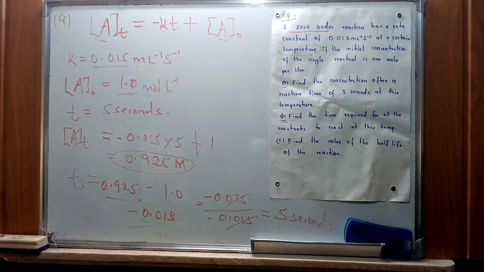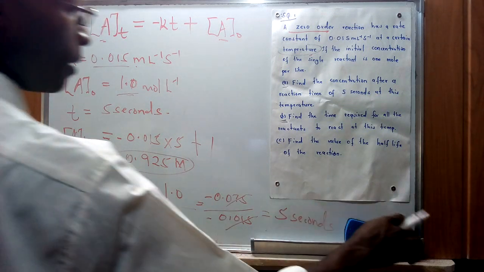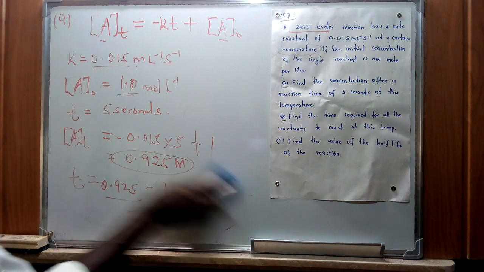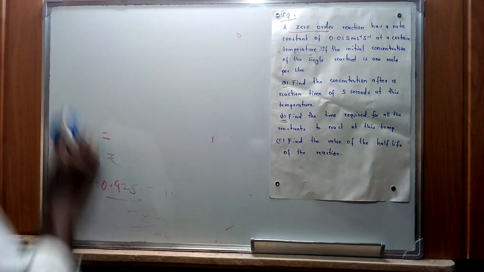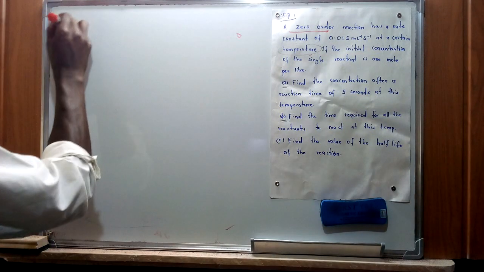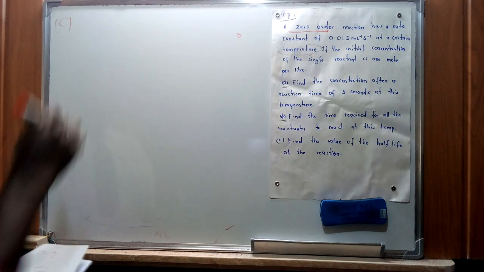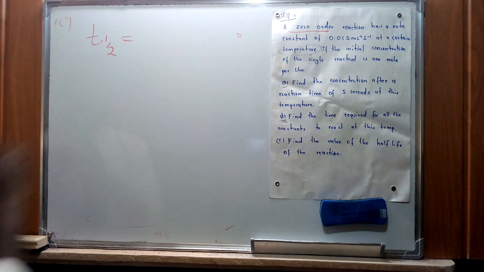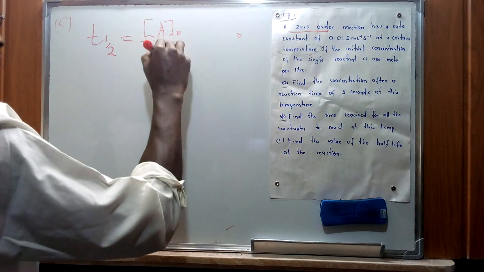And then the last one, find the value of the half-life of the reaction. So half-life for a zero order reaction is given using the equation. So that is for C. Half-life is given using the equation t half equals initial concentration over 2k.